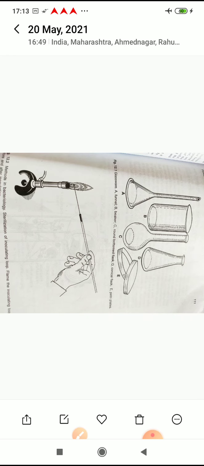And two different methods: microscopic study of plant disease and macroscopic study of plant disease. The related things we have discussed over here.